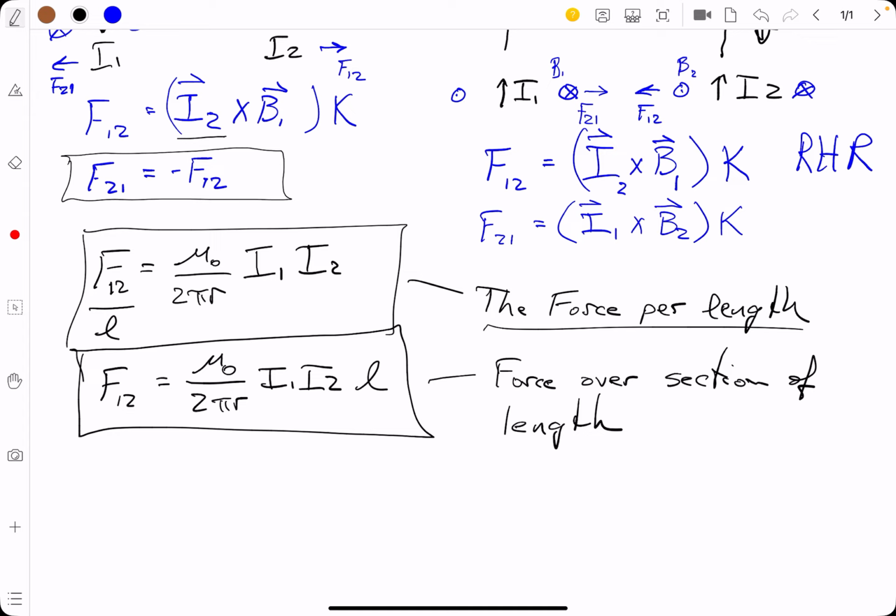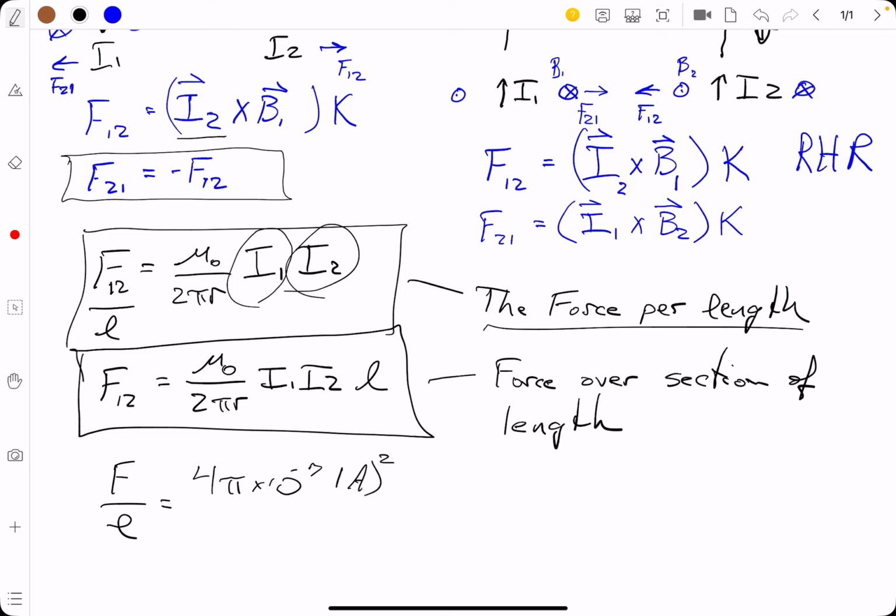This also is the operational definition of a unit of 1 amp. So if our force per length is equal to 4 pi times 10 to the minus 7, and then we're putting 1 amp in each of the wires.